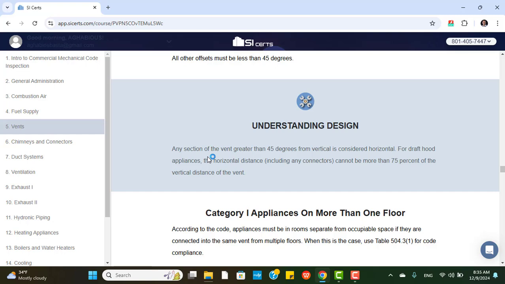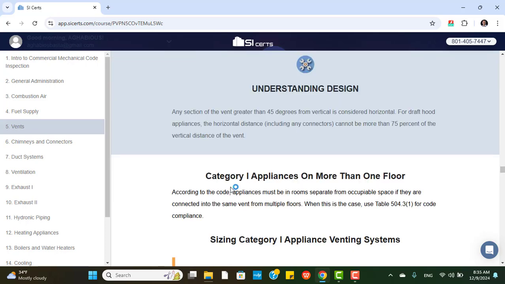Understanding design: any section of the vent greater than 45 degrees from vertical is considered horizontal. For draft hood appliances, the horizontal distance, including any connector, cannot be more than 75% of the vertical distance of the vent. Category 1 appliances on more than one floor.